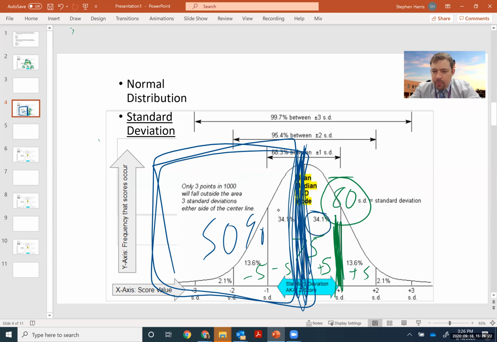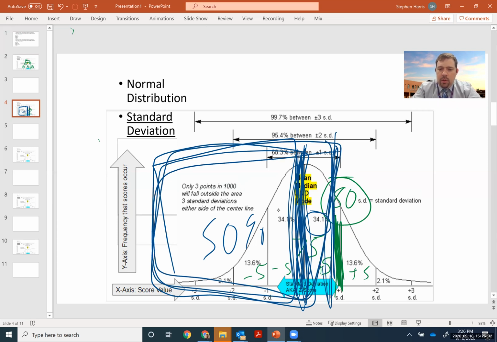So what we can now say is 50 + 34 would mean that on one side of 80, this is now 84%. So 84% of the student body received 80 or lower.